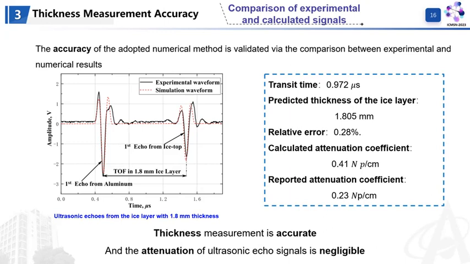For example, the simulated transit time of the ultrasonic signal in the ice layer is in good agreement with the experimental result, and the relative error is 0.28%. Therefore, the ultrasonic piezo echo method for thickness measurement of glaze ice is accurate, and the attenuation of ultrasonic echo signals is negligible.